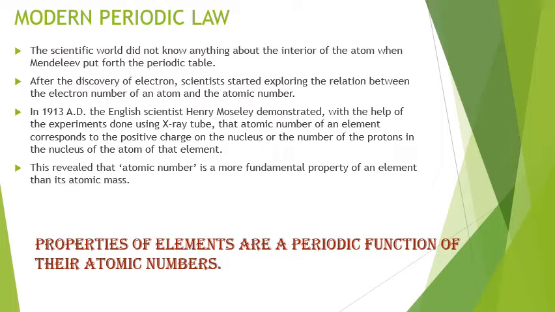It means that whenever the elements are arranged in the increasing order of their atomic numbers, after a certain interval you will find an element repeating its properties. You will pick that element and put it one below the other. In this manner the periodic table is made, and this periodic table, arranged with the help of atomic number, is called the modern periodic table.